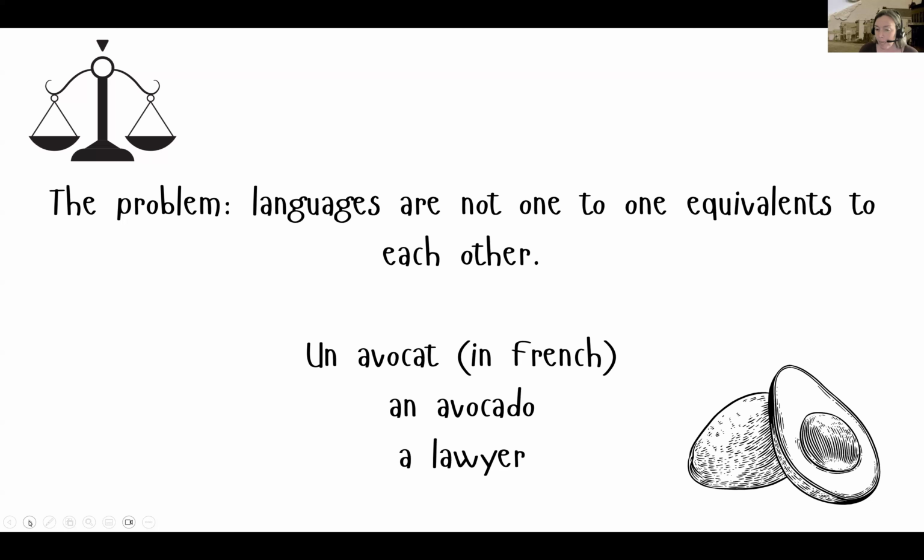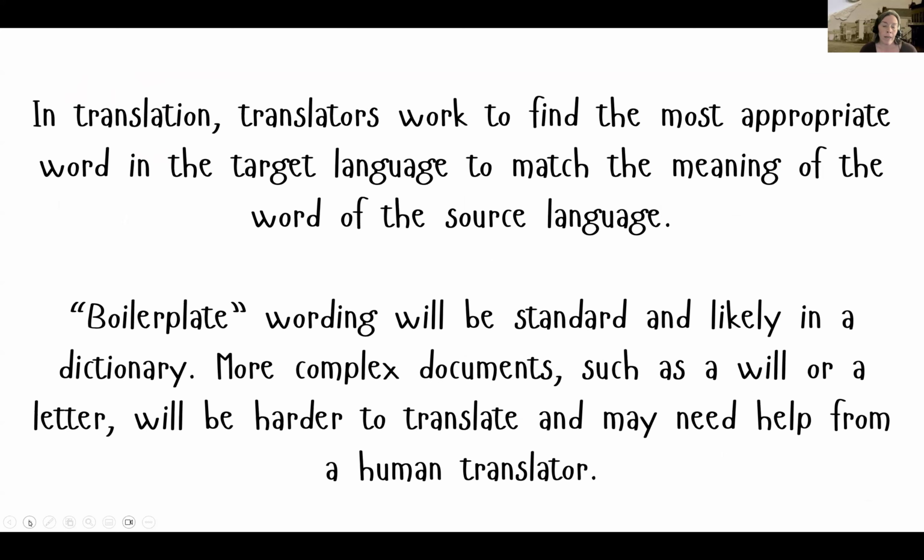You wouldn't necessarily catch that, and it's not going to show up in a bilingual dictionary. When a human translator is translating a document, they work to find the most appropriate word in the target language, the language into which the document is being translated, to match the meaning of the word in the source language. That may mean they're choosing from 10, 15, or more words.